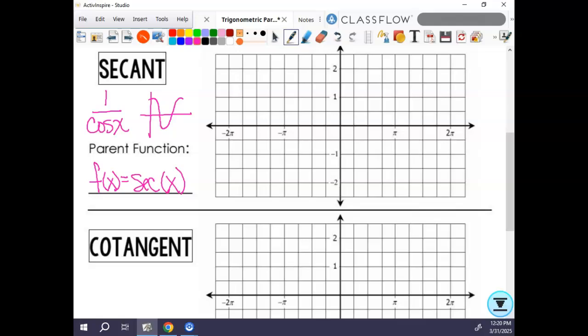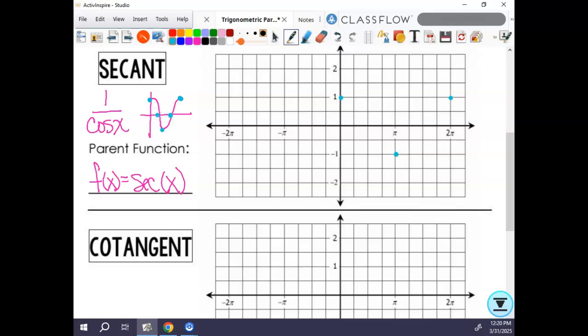All right, so grab your colored pencil again. And we know for cosine, for the parent function, we start up at 1 on the y-axis, so I have a point there. The period for cosine is also 2 pi, so at 2 pi, I'll be at 1. Halfway between those two, I'm down at -1. So at pi, I'll be at -1. And then halfway between each of those, I'm at 0.